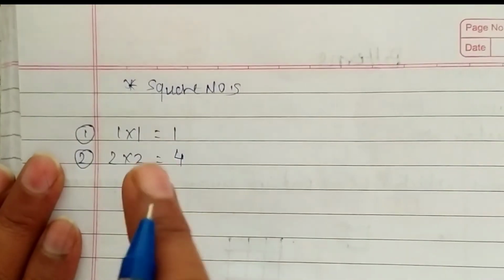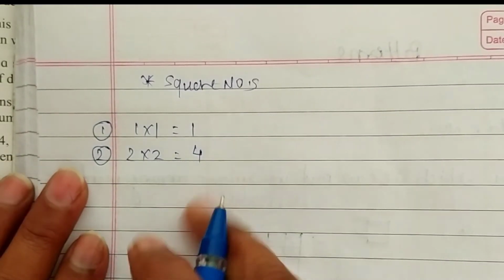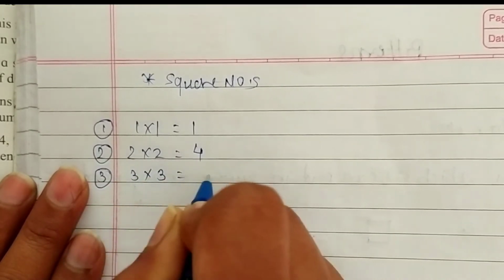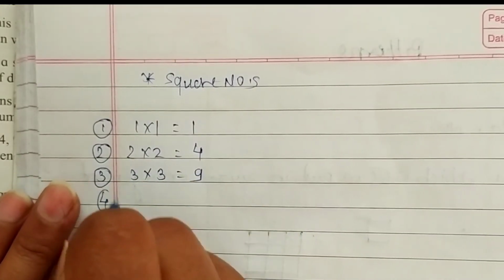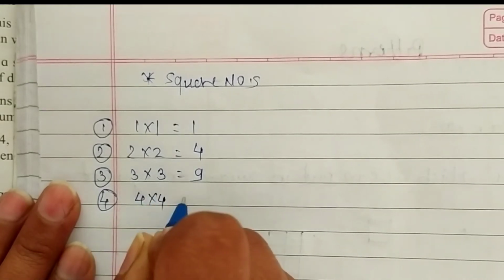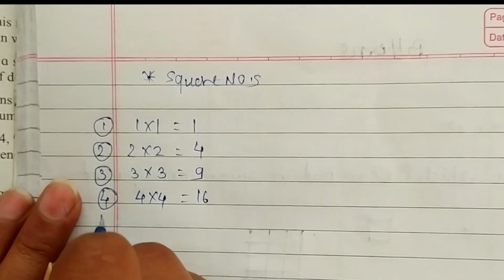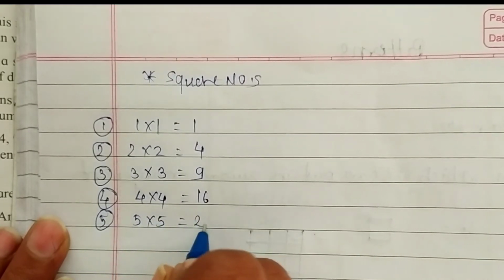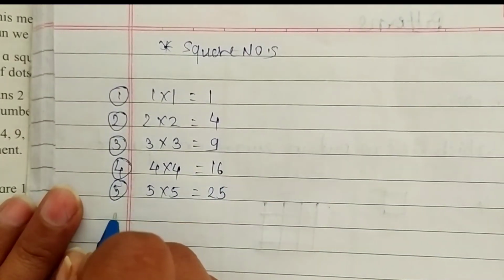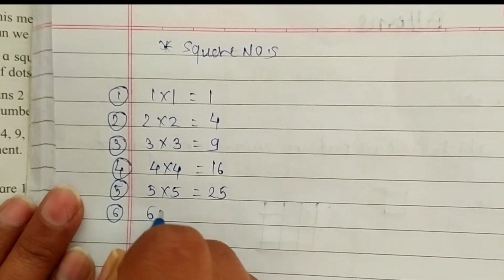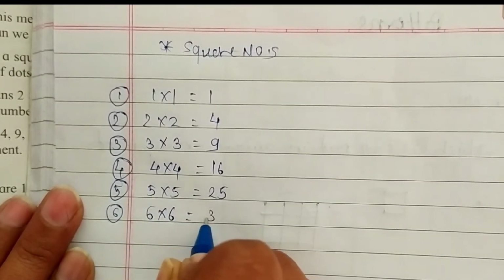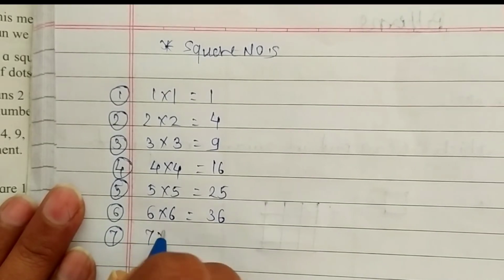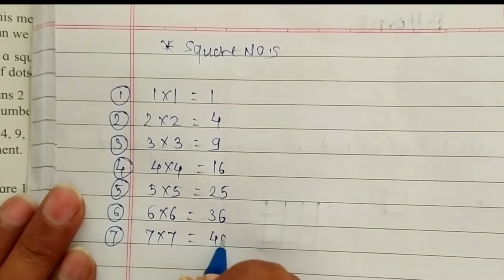When we multiply number by itself, we can get square numbers. Now third one is 3 multiplied by 3 is equal to 9. Fourth one is 4 multiplied by 4 is equal to 16. Fifth one is 5 multiplied by 5 is equal to 25. Sixth one is 6 multiplied by 6 is equal to 36. Seventh one is 7 multiplied by 7 is equal to 49.